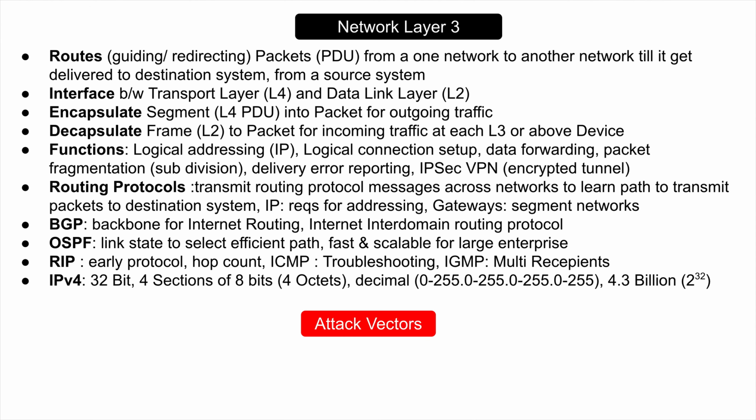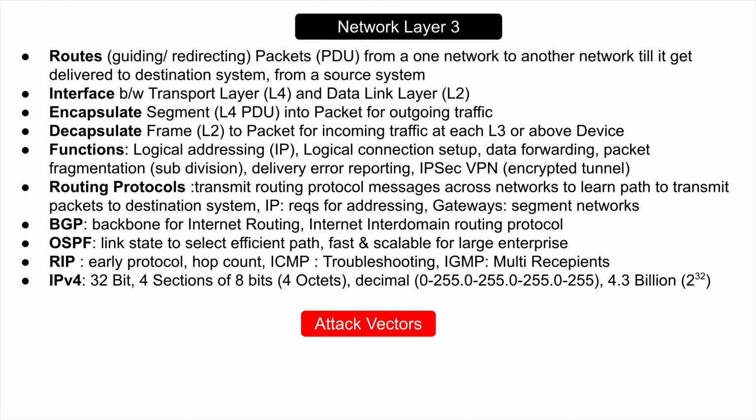IPv4 is an older version and is most commonly used, and IPv6 is the latest version, and organizations are transitioning to IPv6 now.